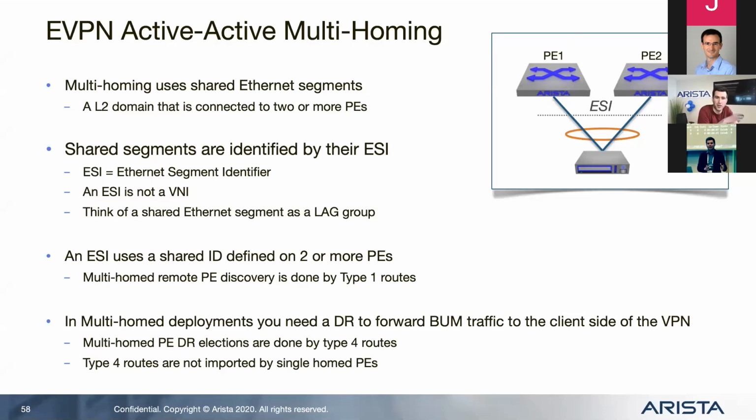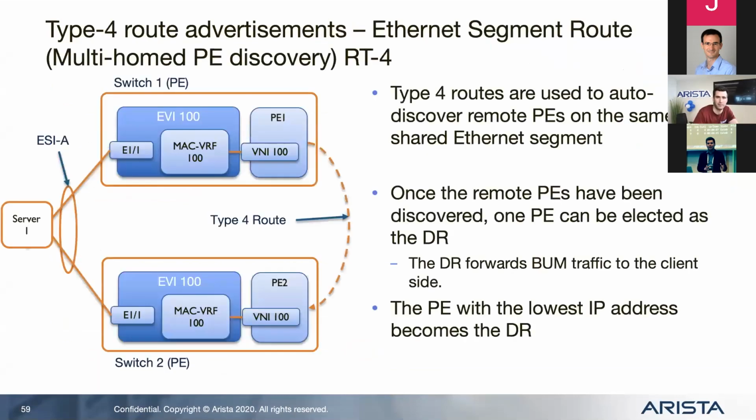So in order to deal with this problem, EVPN has a type 4 route that is able to elect a designated router or a DR for forwarding traffic onto that particular segment. Now, type 4 routes are advertised only by PEs or tunnel endpoints which are participating in the shared ESI, and they're only picked up by other PEs which are participating in the ESI.